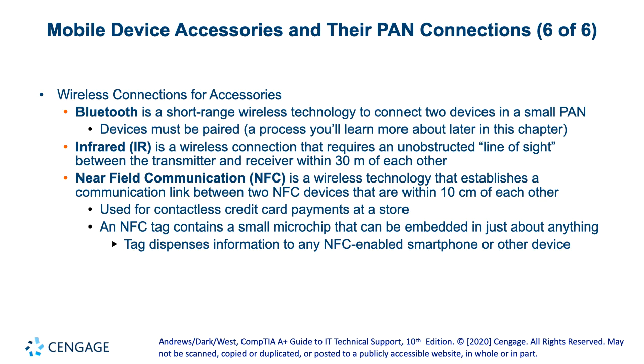So you have to be fairly close, but not exactly on it either. But 10 centimeters is not that big of a distance. NFC is used for contactless credit card payments, and NFC tags can be embedded into just about anything and store information that can be read by the NFC enabled device.